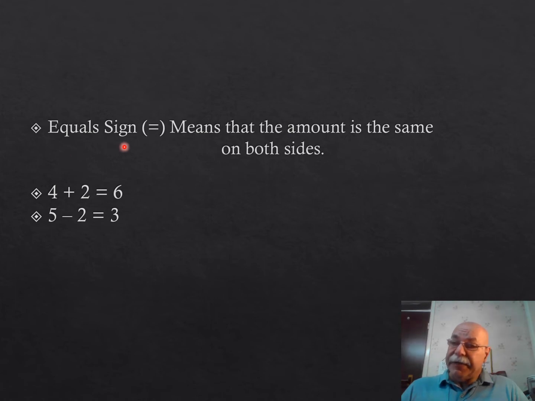So what is the meaning of the equal sign? If somebody asks what equal means, it means the amount is the same on both sides. When you see this equal, 4 plus 2 equals 6, and 5 minus 3 equals 2.